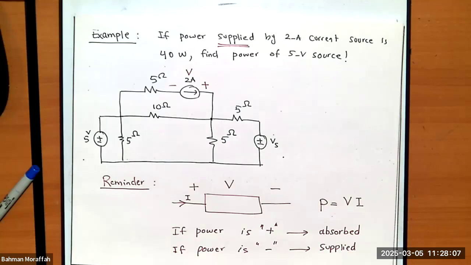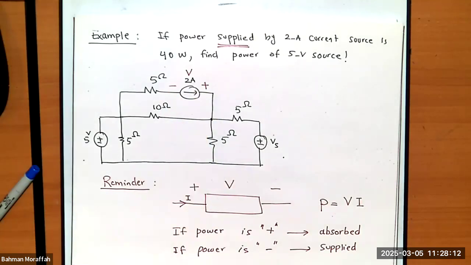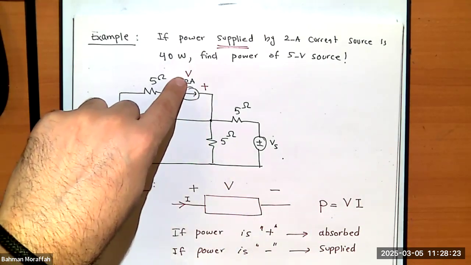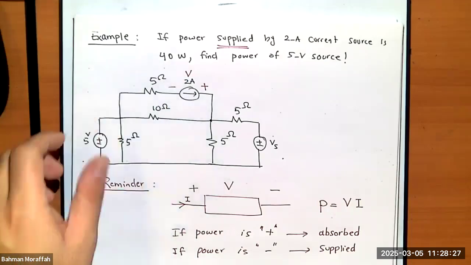So let's try to solve the problem then. Now I know the direction is negative positive. I know power is always calculated by VI, right? I know current through this element, so I know exactly what this V is. Do I? I do, right?